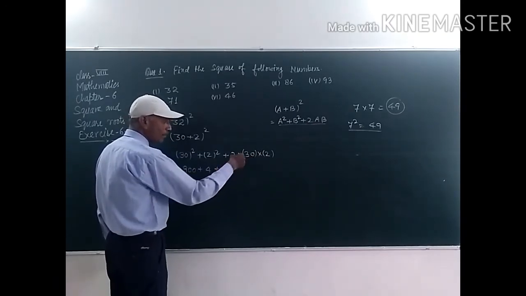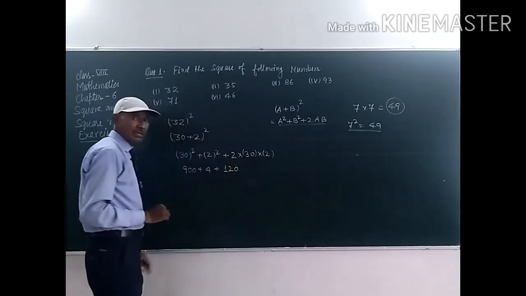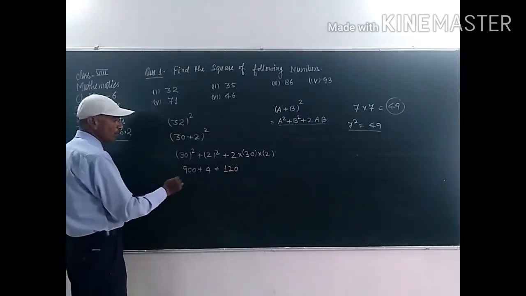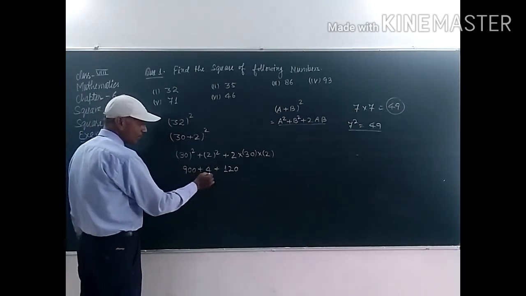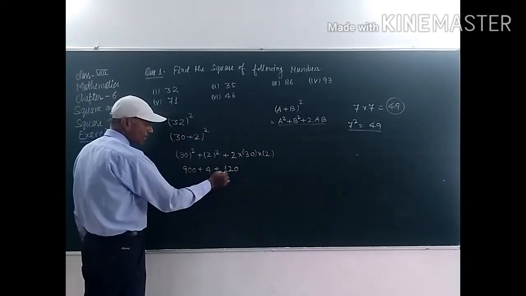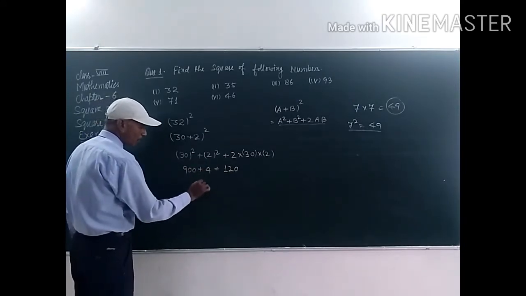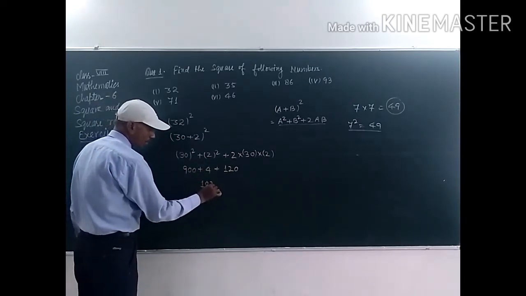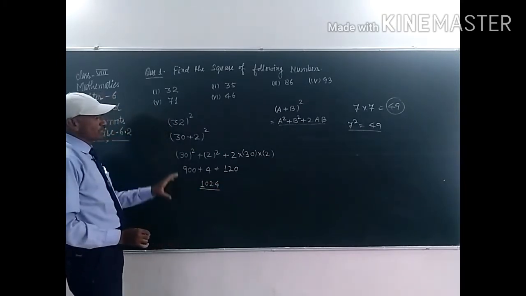So 12 followed by a 0 is 120. Clear, student? Now we have to add these numbers. 900 plus 4 is 904, plus 120 is 1024. This will be the answer of this part of the question.